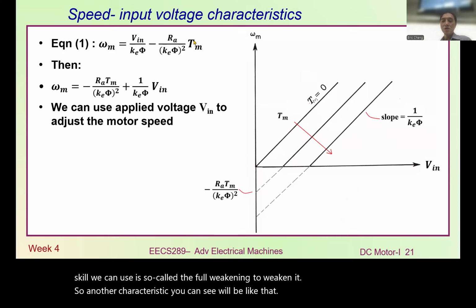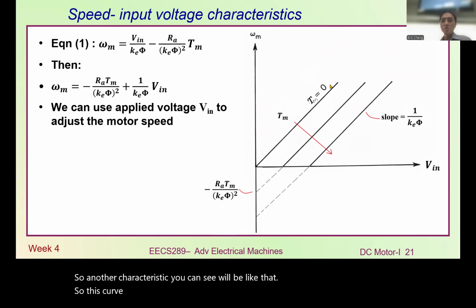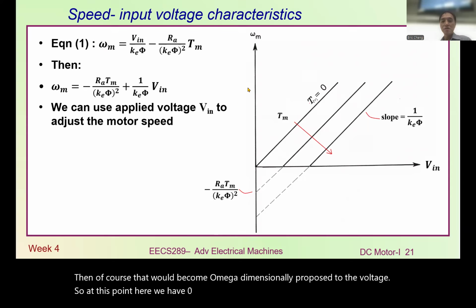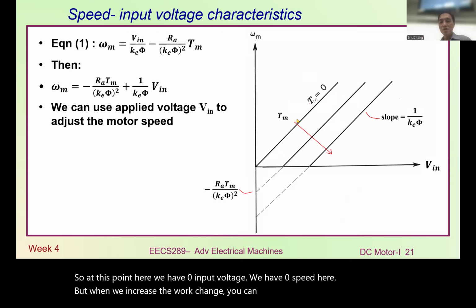In this curve, when the torque equals 0, of course omega becomes directly proportional to voltage. At this point we have 0 input voltage and 0 speed. But when we increase the voltage, you can increase the speed further in such a way.